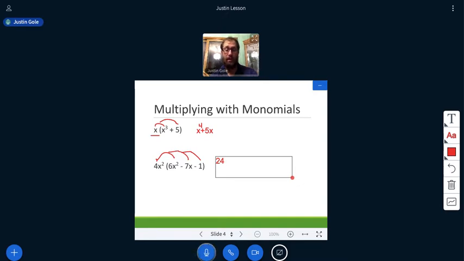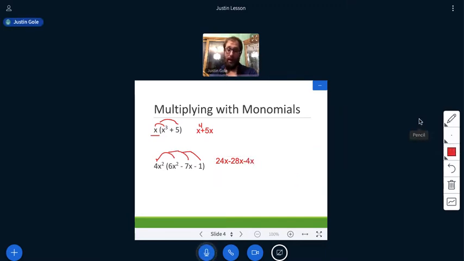X squared times x squared, you might remember we add the exponents. 2 plus 2 is 4, x to the 4th. Minus 7x times 4x squared is negative 28x to the 3rd. Minus 1 times 4x squared is minus 4x squared.